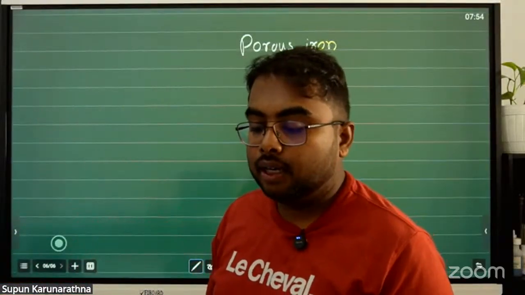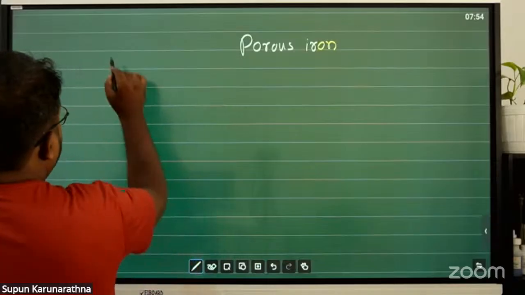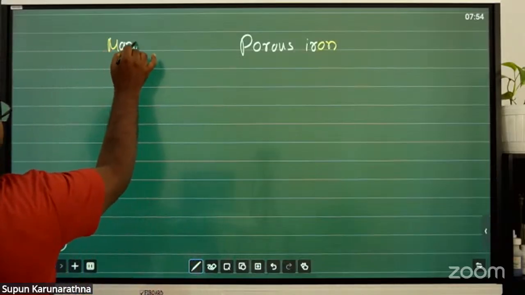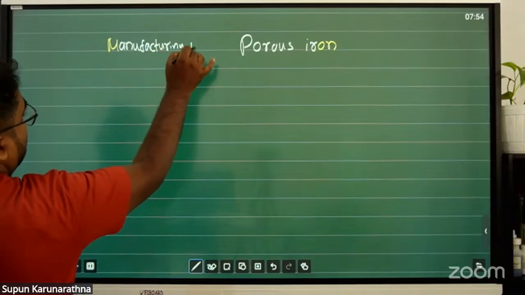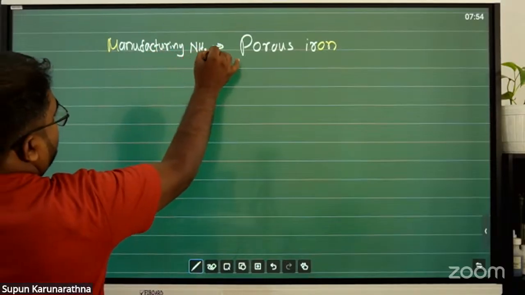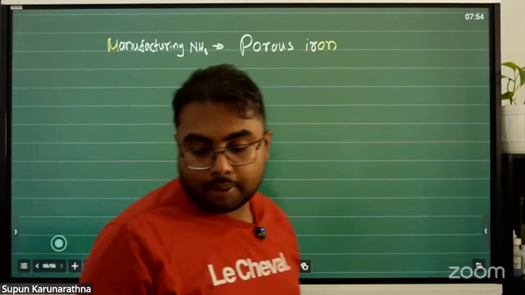Porous iron is used in manufacturing ammonia, NH3.